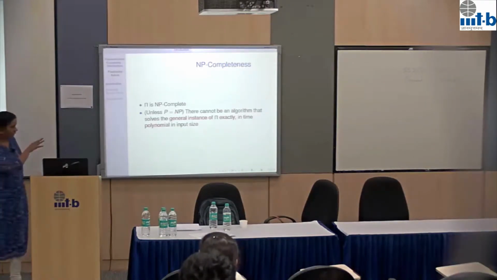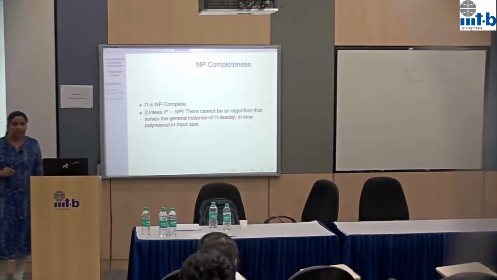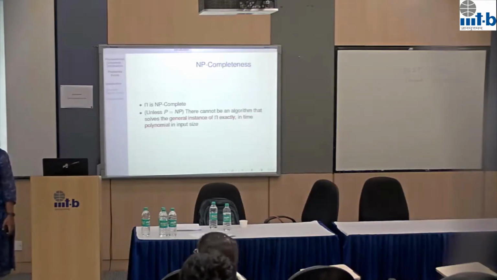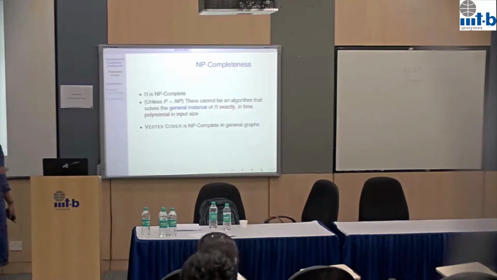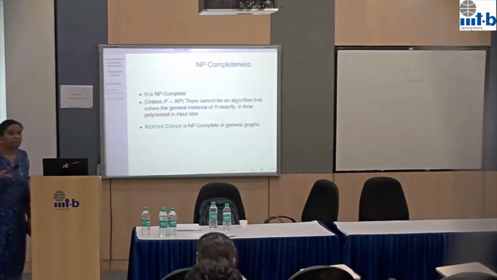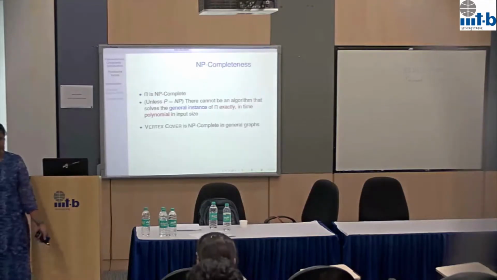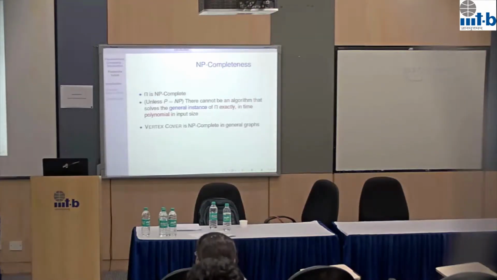So all these keywords are there, and it may be possible that if you ignore one of these keywords, the problem may actually have efficient algorithms. For example, look at the general instance. You know that vertex cover is NP complete in graphs. You might have already proved it in your class.